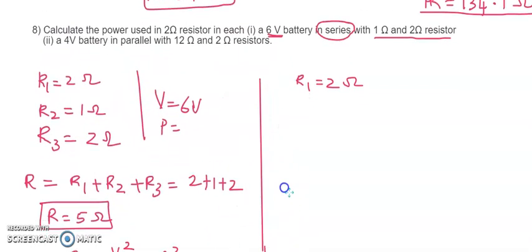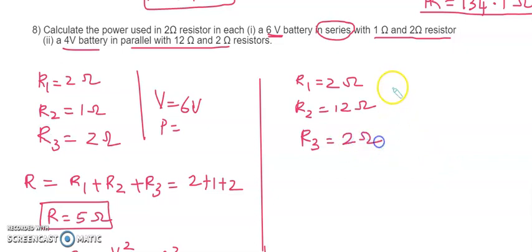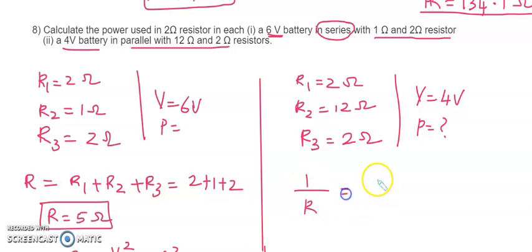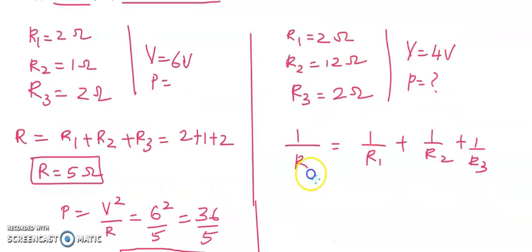Now in the next condition, they are saying that the voltage is 4 volt. It is connected in a parallel connection with two more resistors. So let me take R2 as 12 ohms, R3 as 2 ohms, and the voltage is 4 volt. Again I have to find the power, but in this case it's a parallel connection. So the resultant resistance is given by 1 upon R equals 1 upon R1 plus 1 upon R2 plus 1 upon R3.